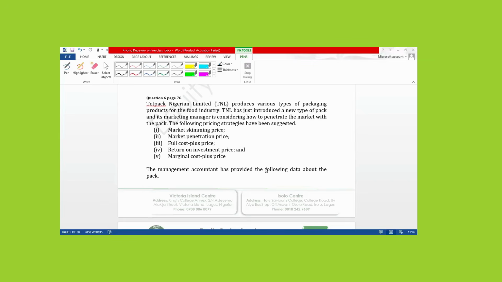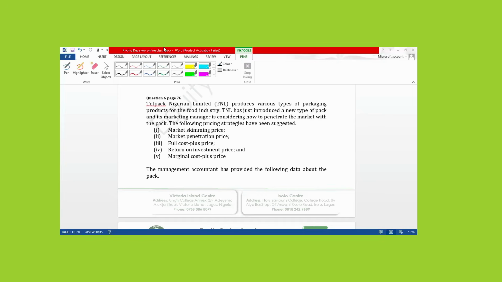I think it's only the variable cost to be taken into consideration when they want to calculate the selling price. Variable cost of the item that you had. All right, thank you, Amarachi.